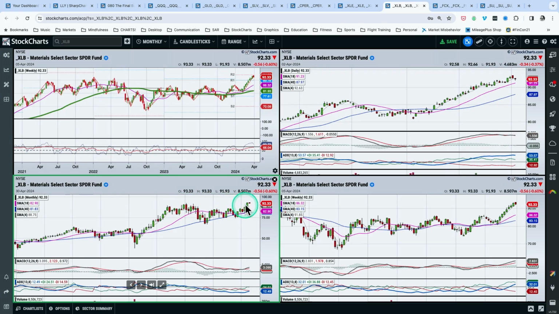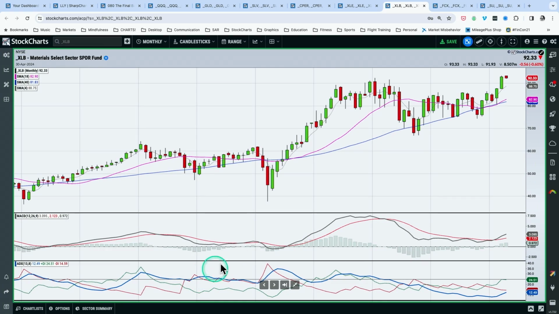Materials, another sector, it almost feels on the longer term chart kind of early on, emerging from that base on the monthly, right? Yeah. And I mean, that's just it. I love these MACD patterns on the monthly chart, where they spend all this time coming down towards the zero line. And I call this a flyby because it doesn't actually come all the way down and touch the zero line, but it kind of flies by there. Now we're turning back up.